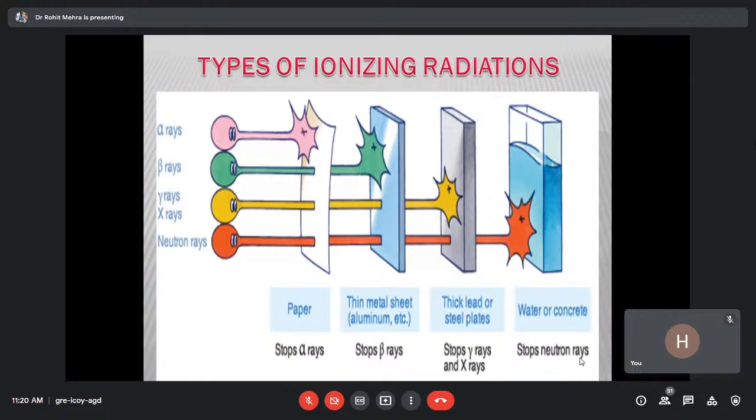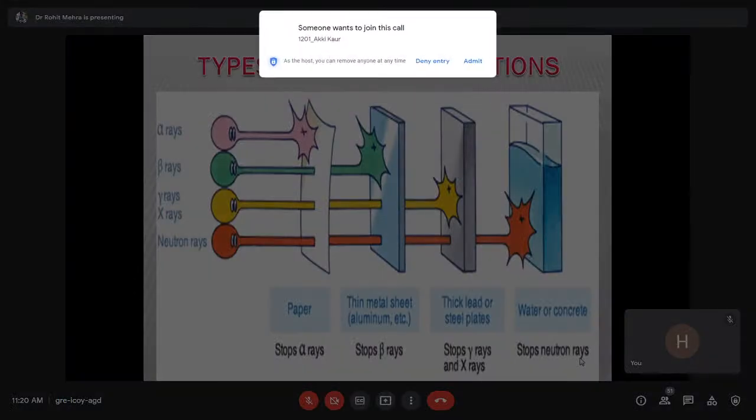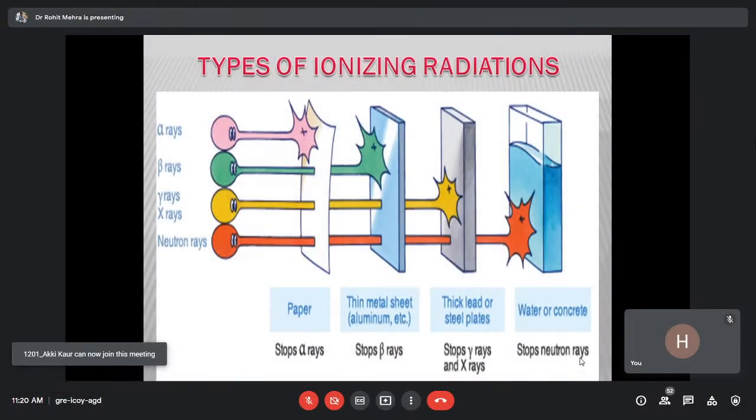And there is a very basic question, especially from the students: what is the difference between X-rays and gamma rays? They look very similar, even in terms of energy, even in terms of their effects on the body.